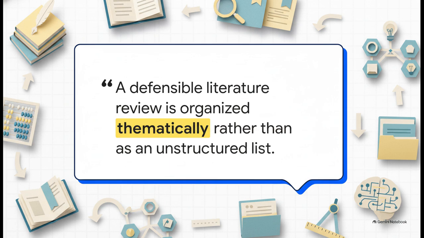As Creswell and Creswell point out, a defensible literature review justifies the relevance of each included source to the research problem, and it organizes them thematically rather than just dropping them in as an unstructured list. Maintaining your search log elevates your work from a random pile of printed papers to a true methodical synthesis.